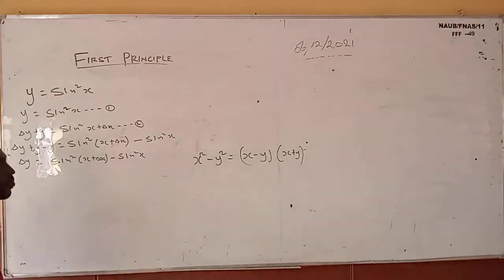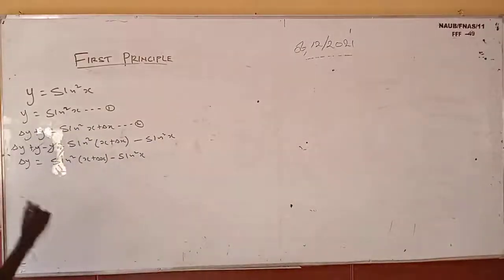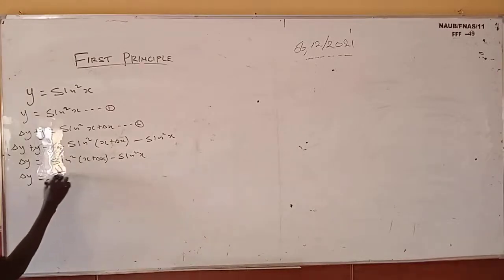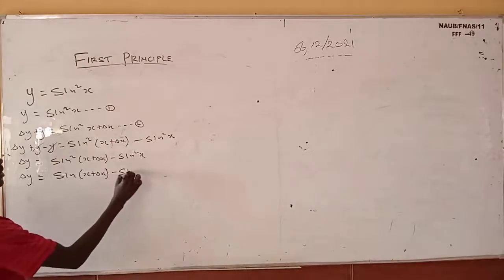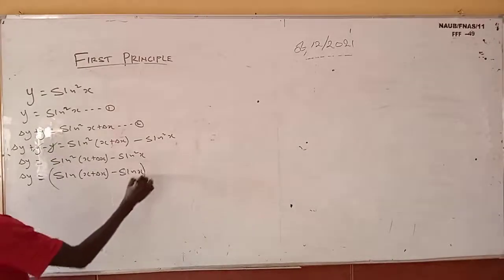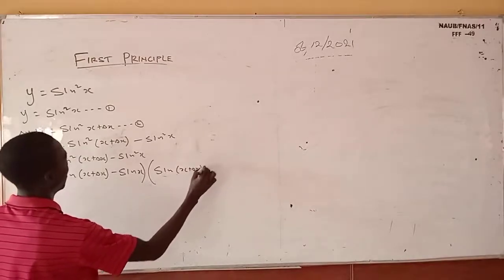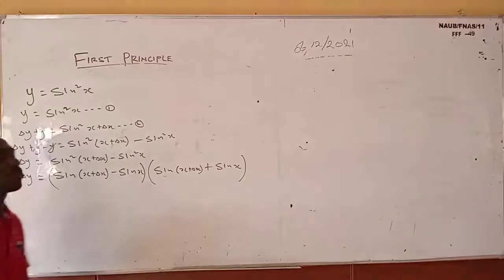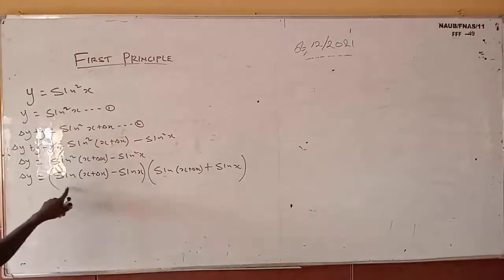This is from your past knowledge. So now change in y will be equal to sin of (x plus change in x) minus sin x, times sin of (x plus change in x) plus sin x.